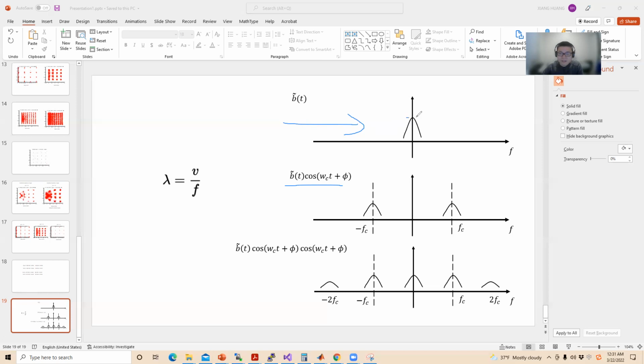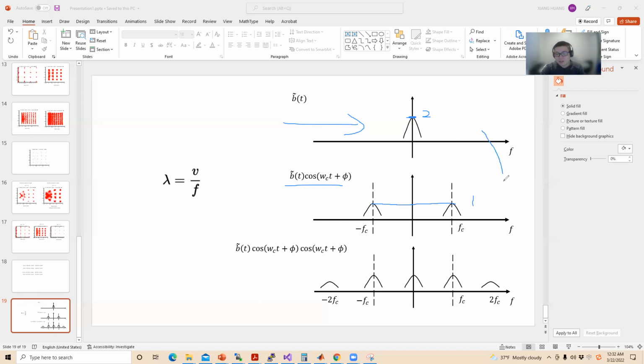But you can see, suppose our baseband signal's frequency representation has a magnitude of 2, and after multiplying with the cosine function, these two peaks will have a magnitude of just 1.